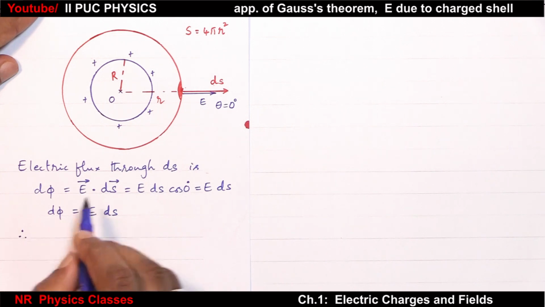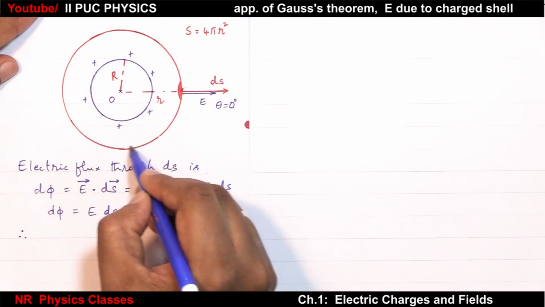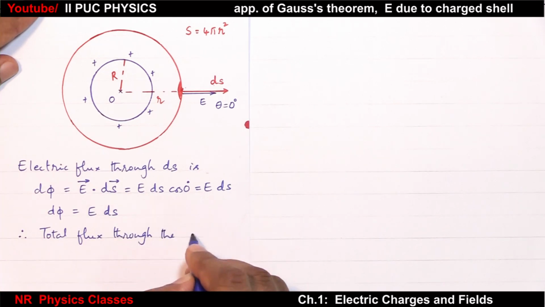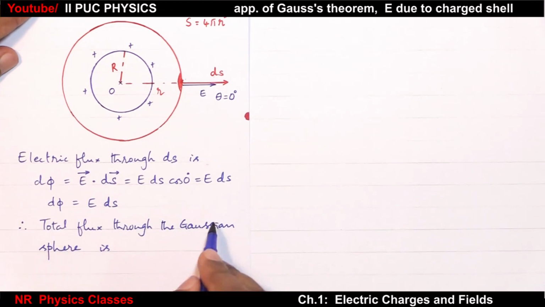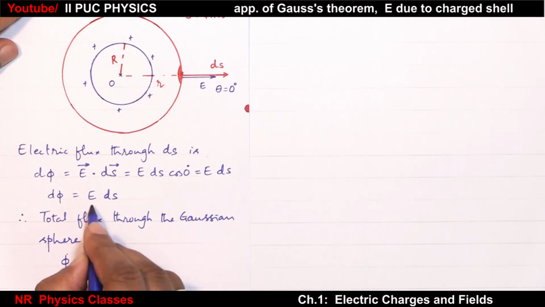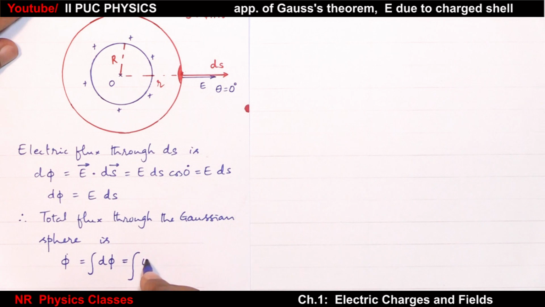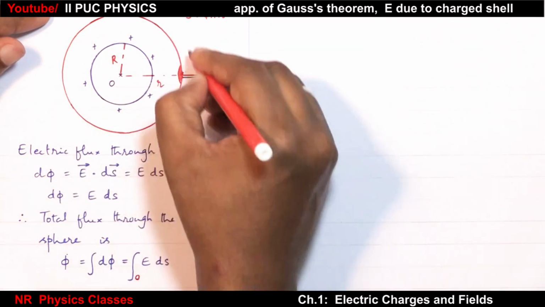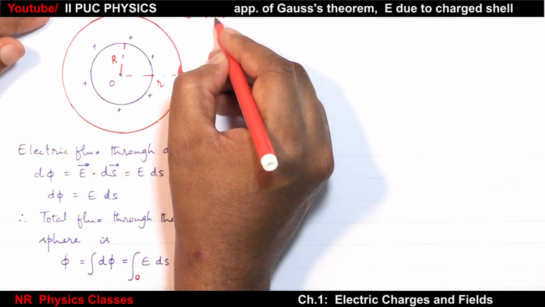Therefore, the total flux through the Gaussian sphere is the integration of d phi, we can also use summation, the integration of E ds. The limits are from 0 to cover the entire sphere, with total surface area 4 pi r square.